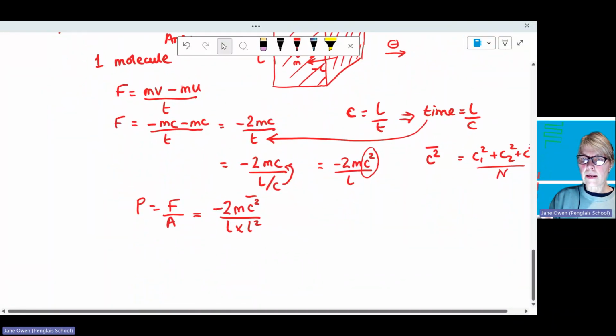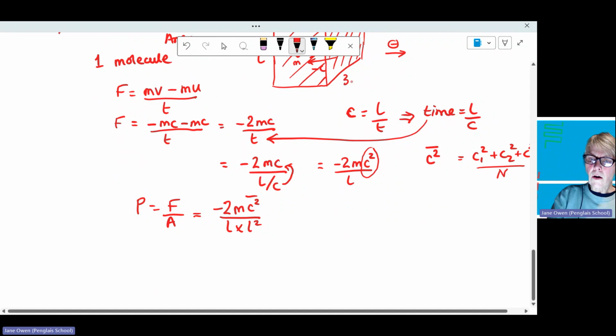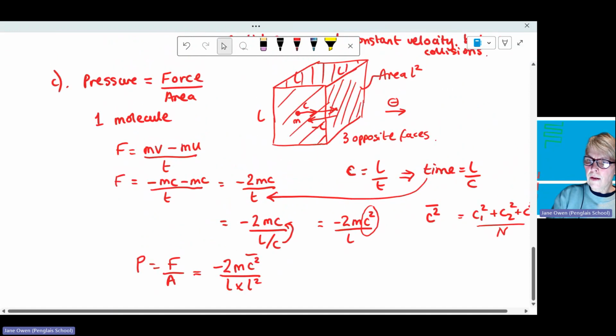So that's why the 3 suddenly appears, because you've got 3 pairs of opposite faces for the particle. Therefore the total surface area is given by 3L squared.